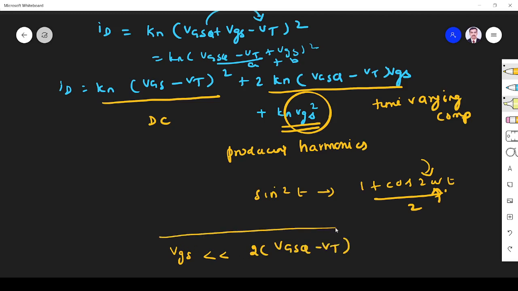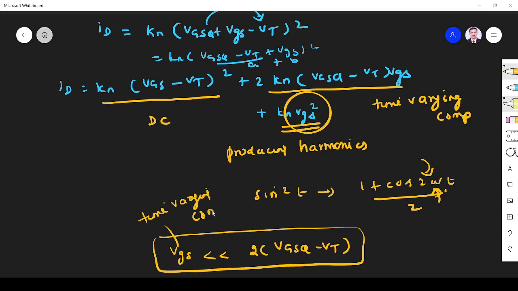If vgs, that is the signal, this is the time varying component, hope you remember, right? If the time varying component is very small compared to the DC component, you see, this is DC, 2 (VGSQ minus VT). What will happen? This term will go, because compared to this it is very small. If you square it, it becomes even smaller. So 0.1 is small, 0.1 squared is very less. So this term will go away.